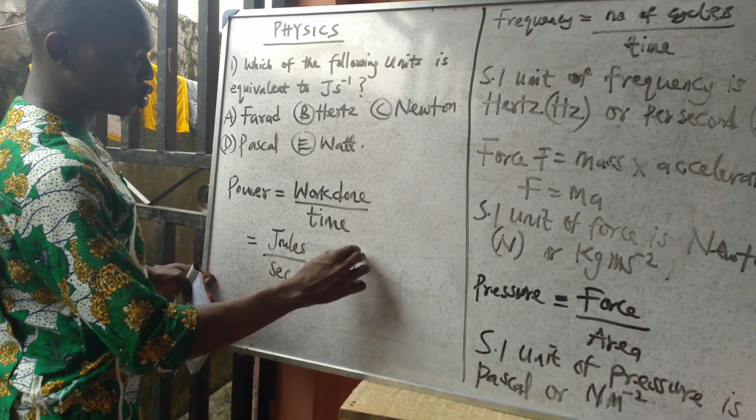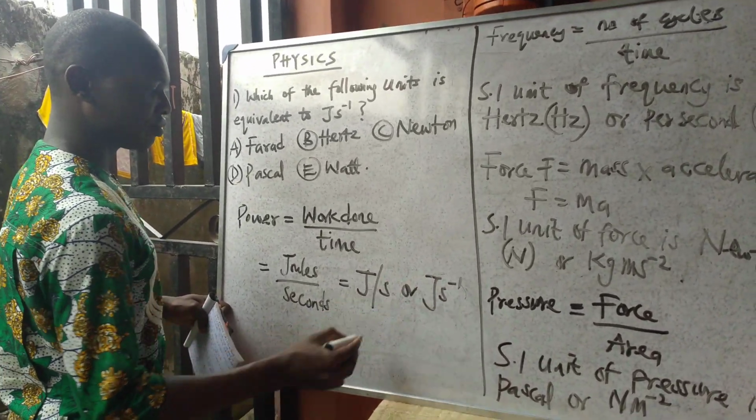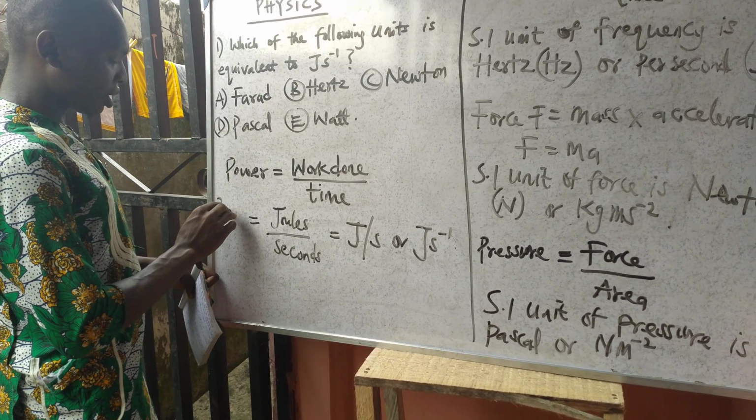So this is joules per second, or joules s raised to power minus 1. That is the SI unit of power.